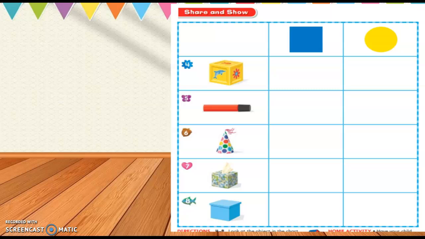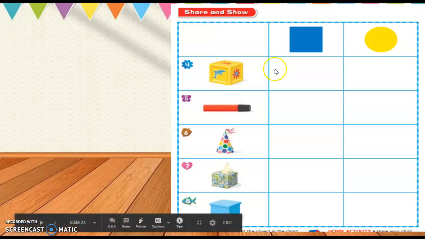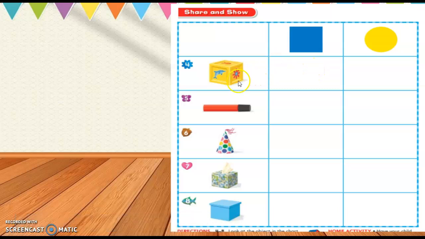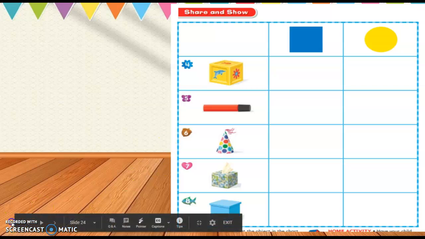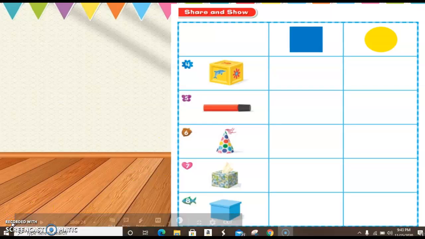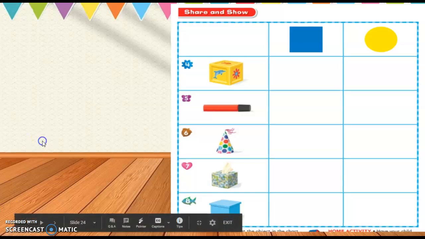All right, so now we are going to be looking at the surfaces or the faces of these different objects, and then we're going to mark an X under the correct surface. Before we do that, let's get our vocabulary card to help us remember what a face or a surface is.